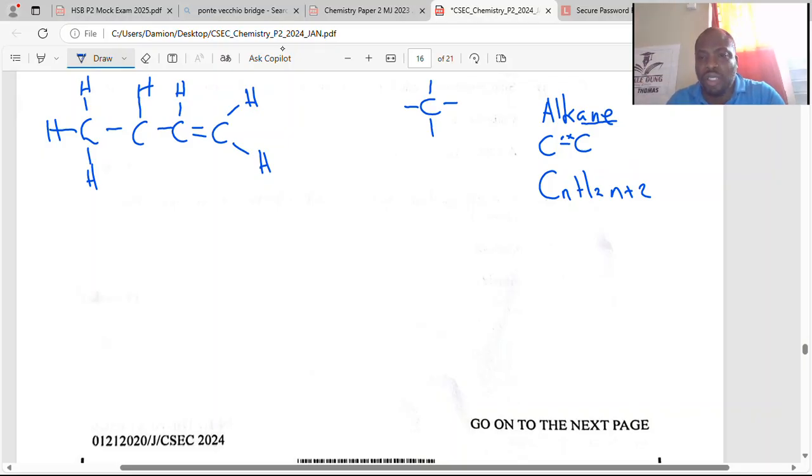So if you see prop, and one thing I want you to do as a student, it might be simple, but you need to know the prefixes and the numbers that they represent. Usually I don't see CXC going beyond 8 or sometimes even 6, so I normally provide 1 to 10.